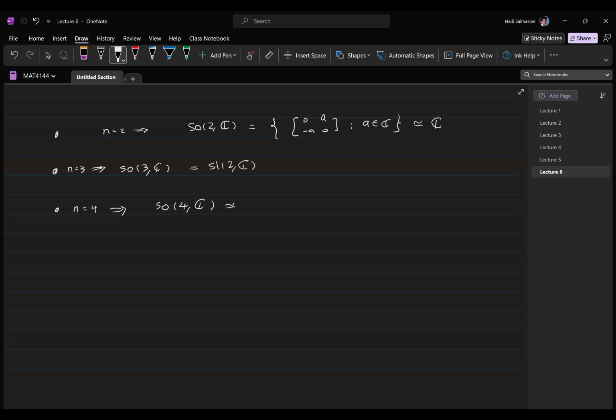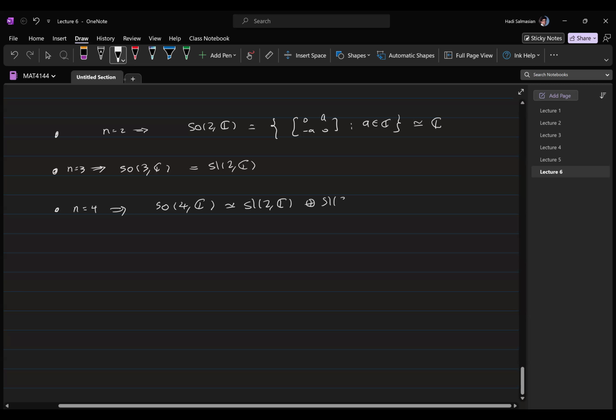It's one of those famous exceptional isomorphisms. It's isomorphic to SL2C direct sum SL2C. And I'll tell you why shortly. So it's not simple. It's got an ideal. So now what happens for n equals 5 or higher? It is simple. That's right.